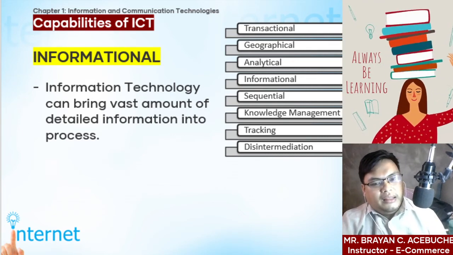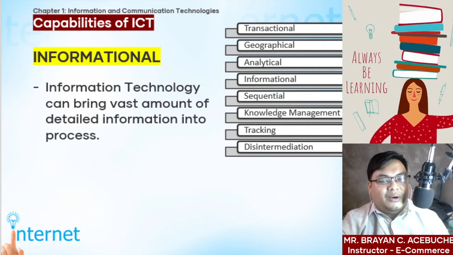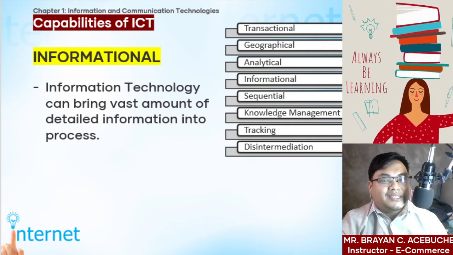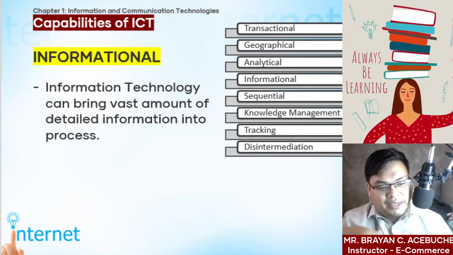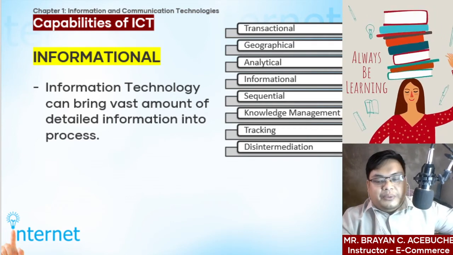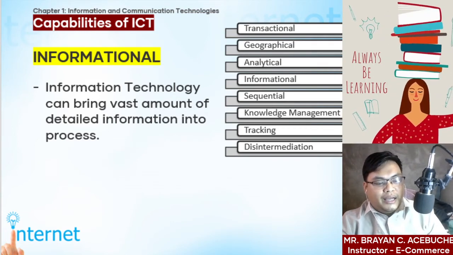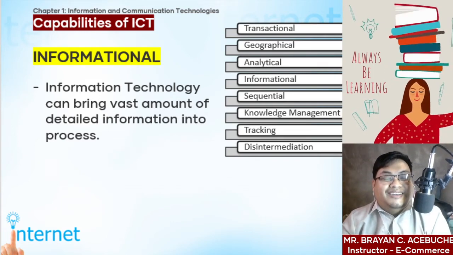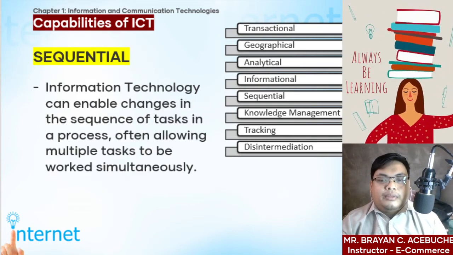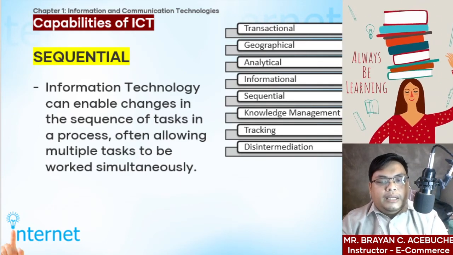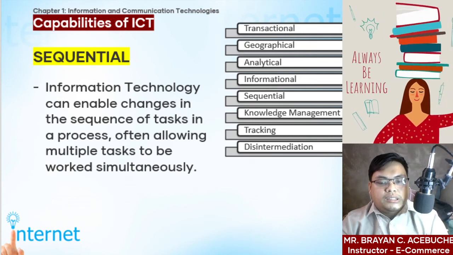Okay? And in terms of computing or ganito sa business, okay yung pinagsasabay-sabay yung mga trabaho. Okay? Hindi yung ibang bagay ang pinagsasabay-sabay.